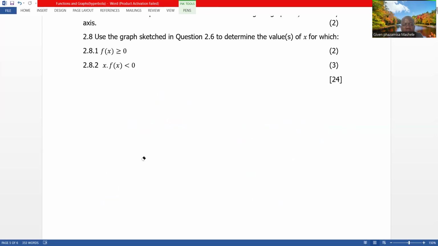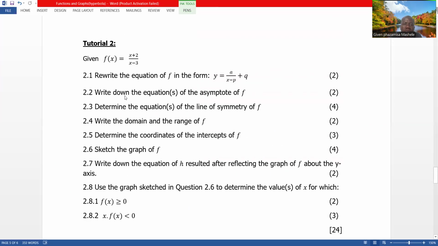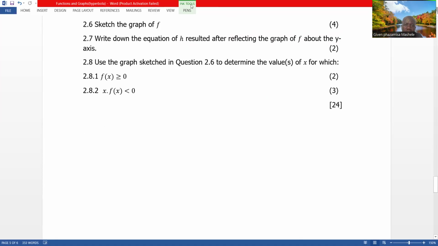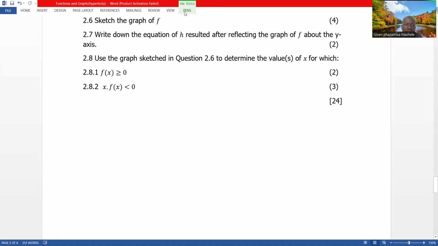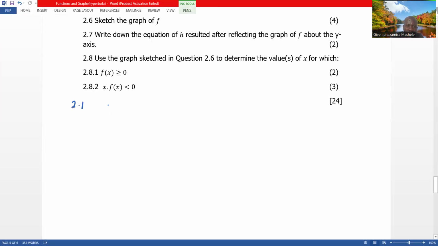What is our equation? It's x plus 2 over x minus 3. Let me call this 2.1. So I have y equals x plus 2 over x minus 3.